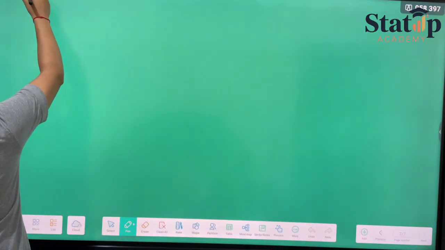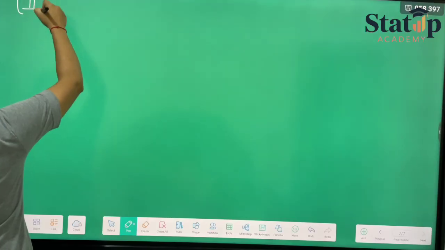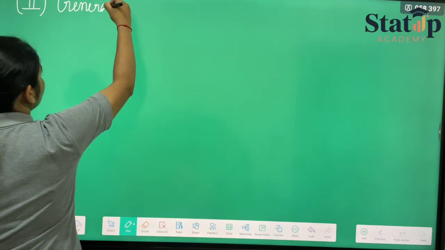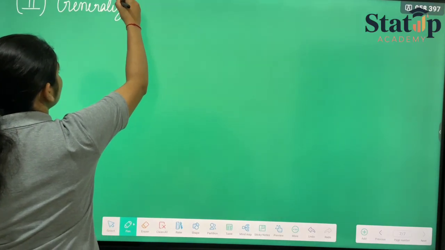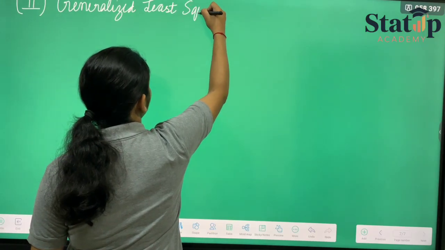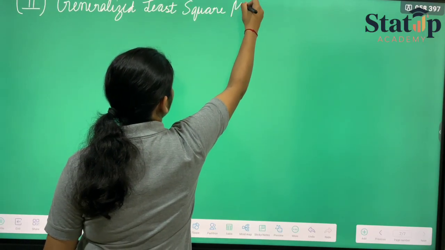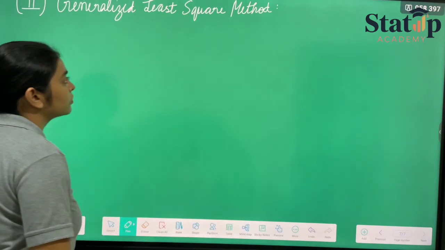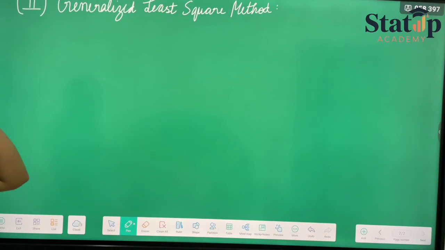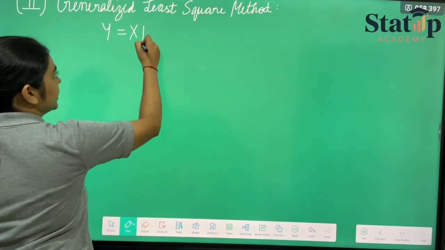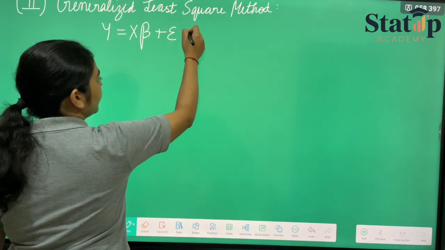Now the second remedy is generalized least square method. This we use in multiple linear regression model. Suppose we have our model y is equals to x beta plus epsilon.